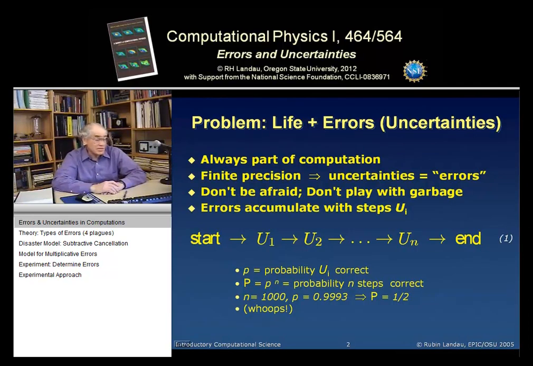So if we have 1,000 steps and the probability of each step being correct is 0.9993, so 7 parts in 10,000 can be wrong, then the probability of your answer being right is 1/2, which means the probability of your answer being wrong is 1/2, which means you do not have a good scientific calculation. Okay? So that's a problem.